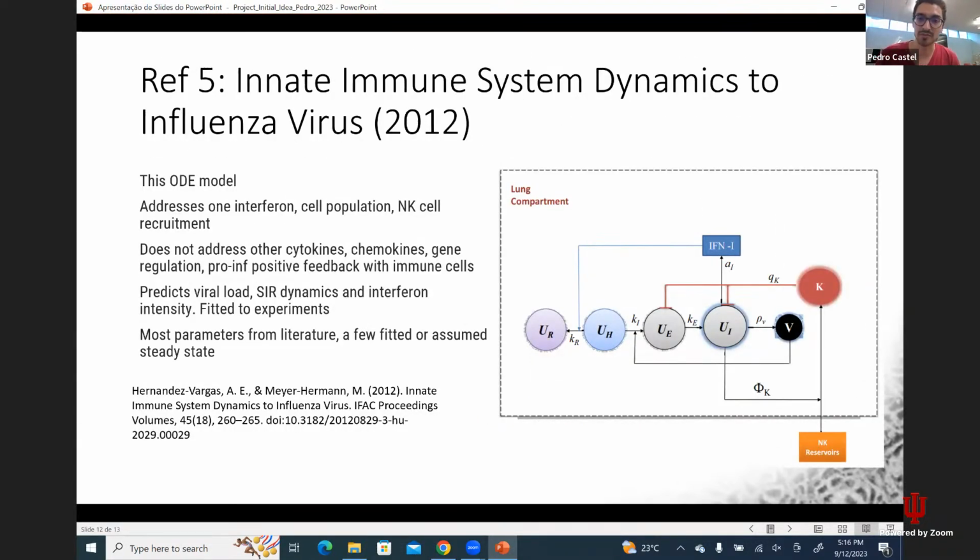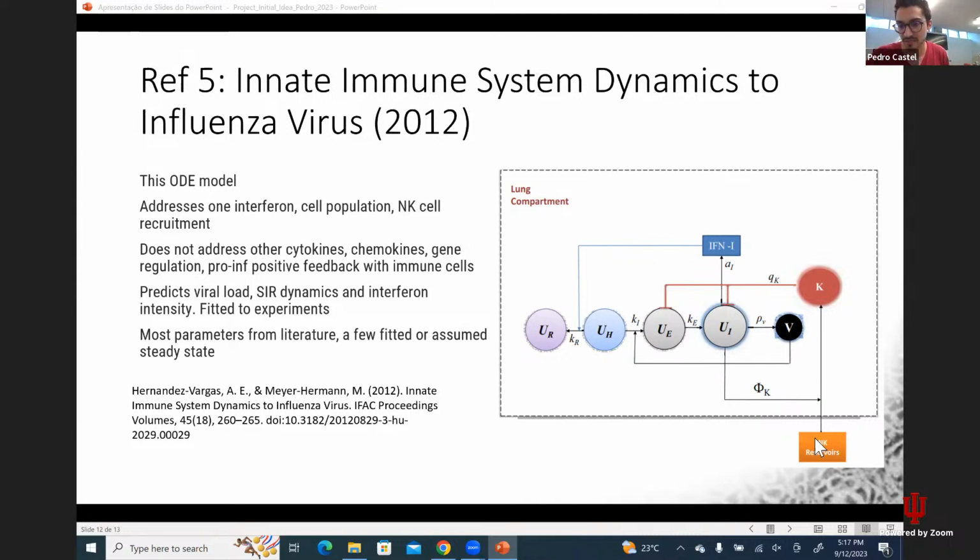And this one is interesting too. It involves cell population, so the population of infected cells, susceptible cells, and immune cells, but they also model the interferon, which is one of the major defenses from the cells, right? So this is more like it, because it also models the immune cells.